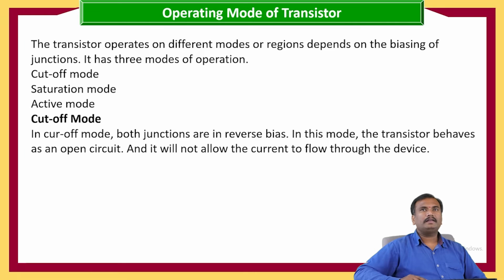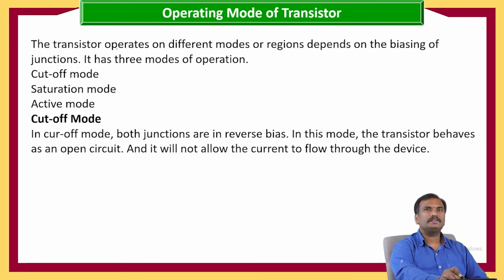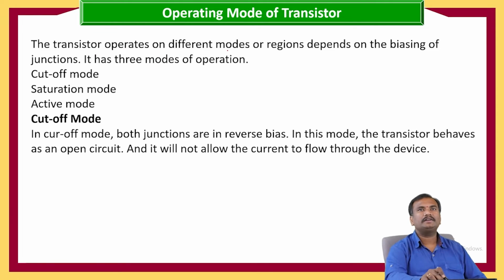Now let us take the different modes of operation. The transistor operates in different modes or regions depending on the biasing of the junctions. It has three modes of operation: one is cutoff mode, second is saturation mode, third is active mode. First, cutoff mode.